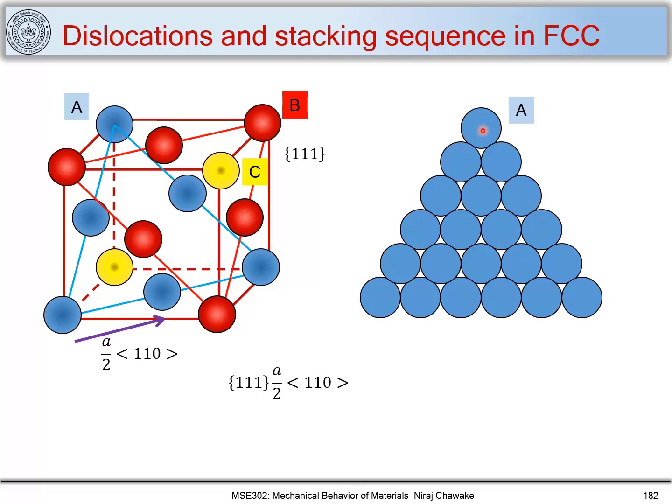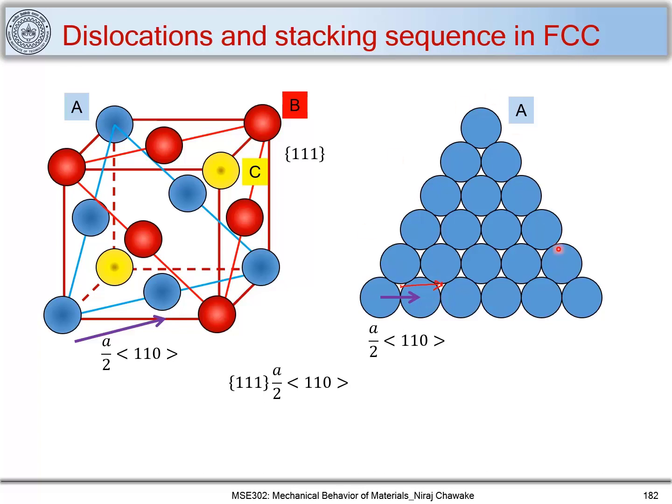So this is one type of 1, 1, 1 plane, and this is our Burgers vector, that is a/2 <1, 1, 0>. This Burgers vector can be marked in a different way also. It can be marked from this position to this position. So this is also a Burgers vector. We'll see why I have marked this Burgers vector in this way.